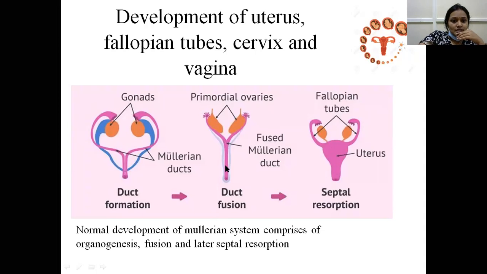When there is fusion, there are two separate walls of these two ducts, right? So the next phase is the septal resorption. In some cases, this resorption will not be proper, so there can be complete uterine didelphys, or an arcuate uterus if it is up to here, or a septate uterus if the septum persists, or a subseptate uterus when the septum is up to here. Okay.